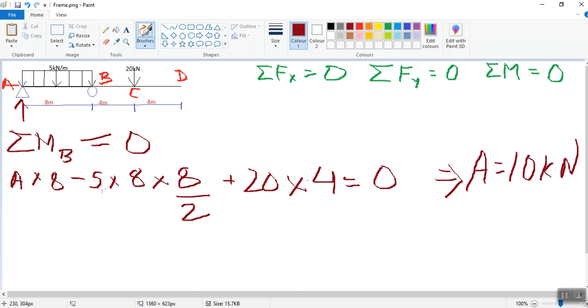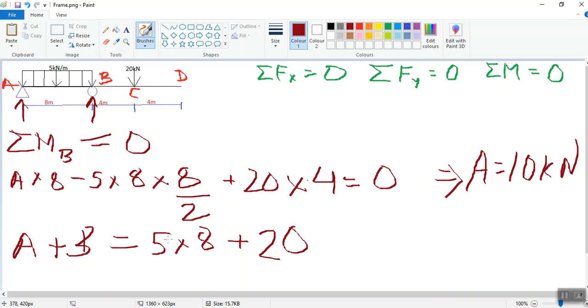Now using summation fy equals 0 in y direction, we have reaction at support A plus reaction at support B equals 5 kN per meter acting in downward direction, so 5 times 8 total length plus 20 kN gives us 5 times 8 40 plus 20 60.